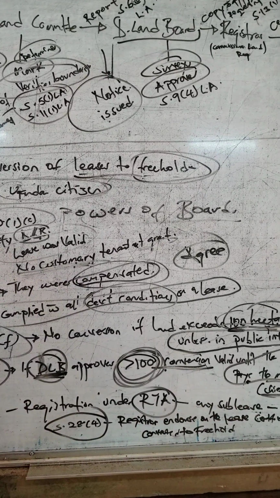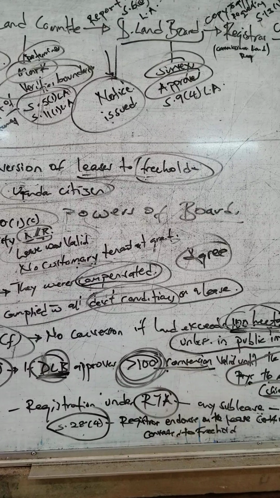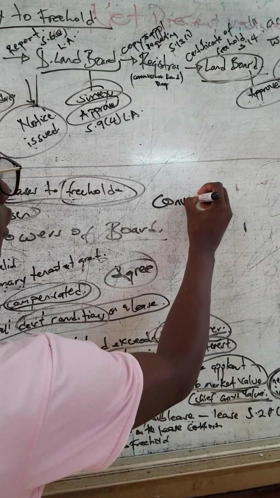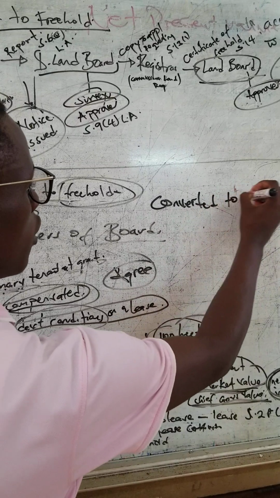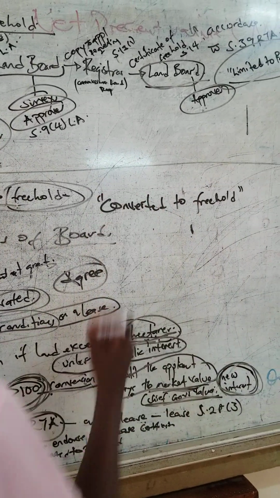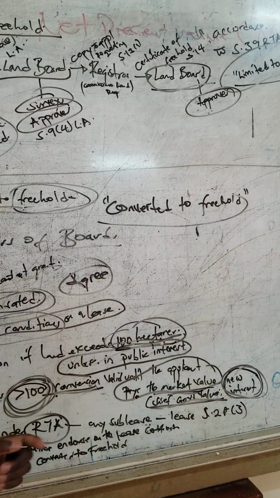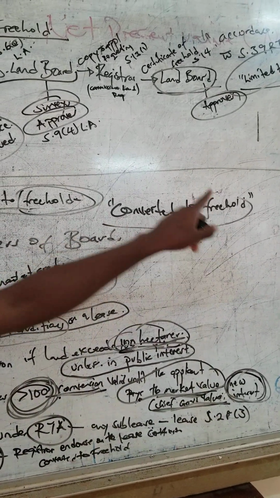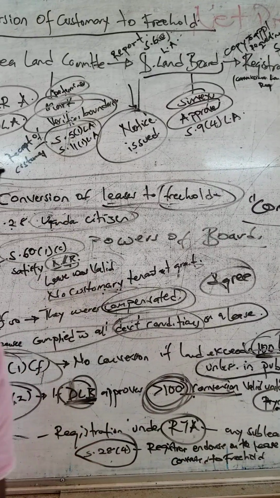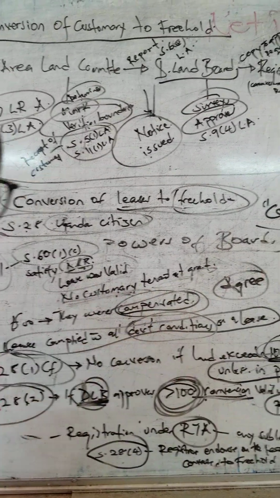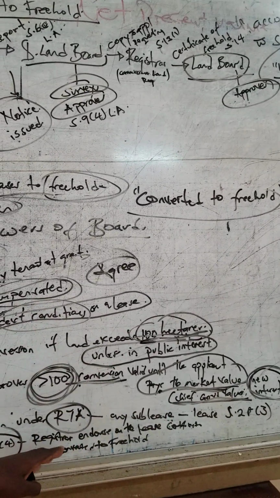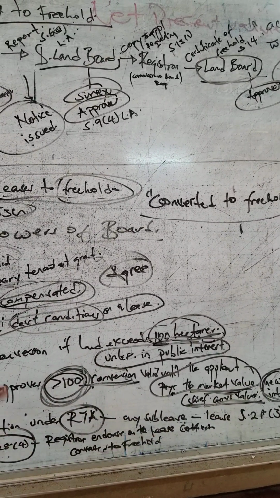He endorses on the lease certificate by putting the words "converted to freehold" in quotes. These are the words endorsed by the registrar. That is section 28, subsection 4.